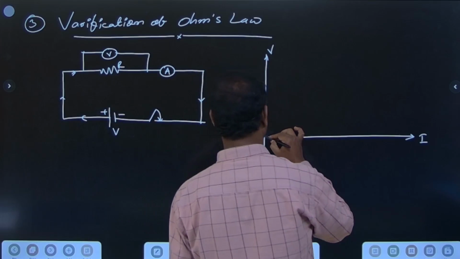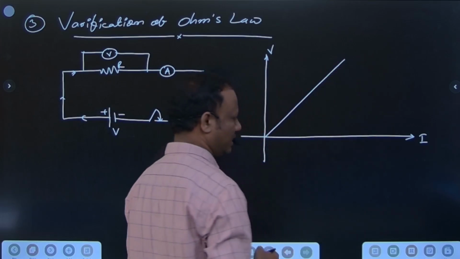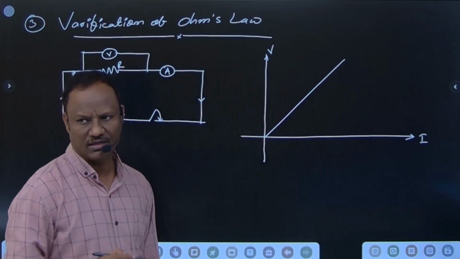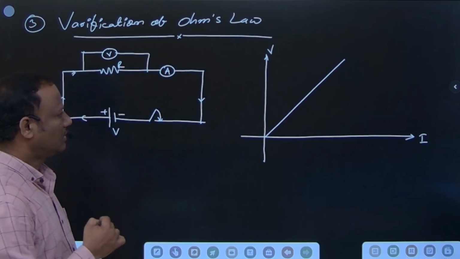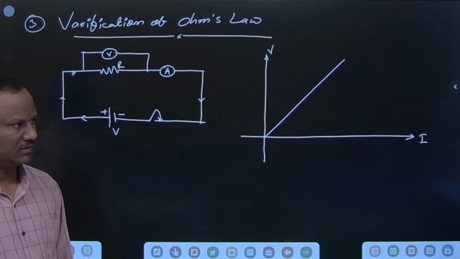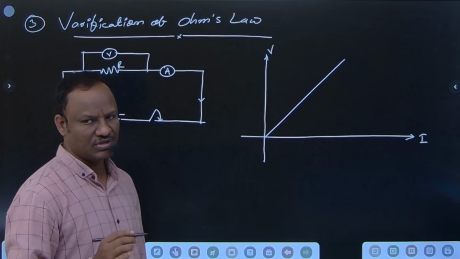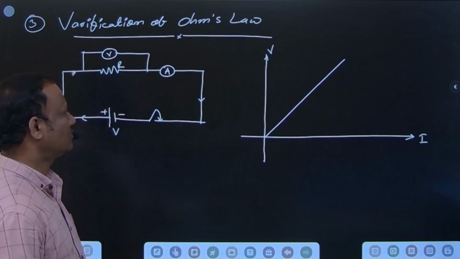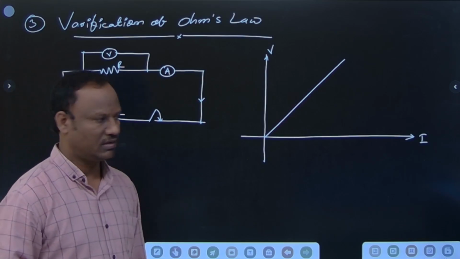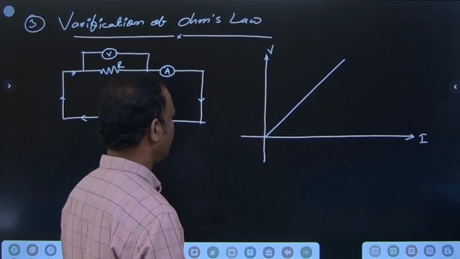The graph is linear for conductors and non-linear for semiconductors. Those which obey Ohm's law are called ohmic conductors, and those which do not obey Ohm's law are called non-ohmic conductors.